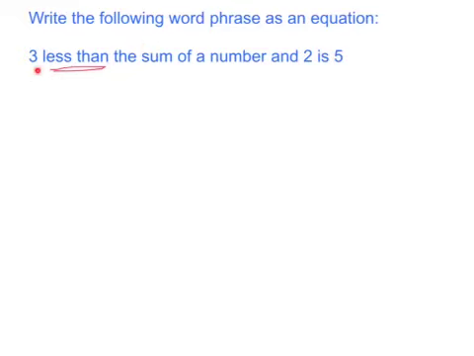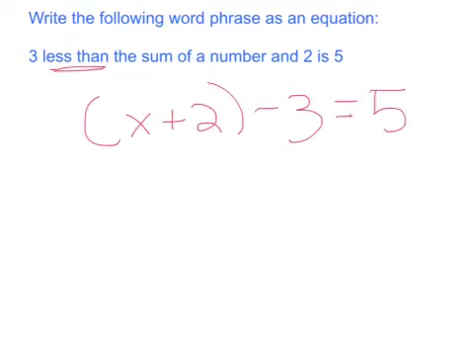So it's 3 less than this whole thing. So we're going to need parentheses around whatever is on this side. So the sum of a number and 2, it's 3 less than that, and that whole thing is equal to 5. So when you see that it's 3 less than a sum or a product or a quotient, you need to have parentheses.